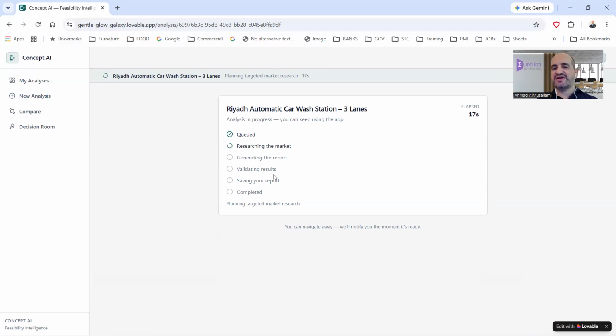It will generate a report. We will get the report on the screen like a dashboard, small dashboard, and we'll be able also to have it as a PDF to submit it somewhere and also as a PPT, a PowerPoint. So to present it to board or investors or whoever we are dealing with.